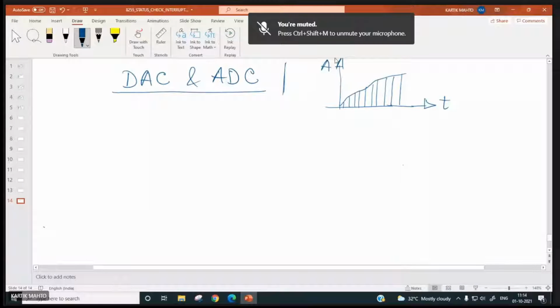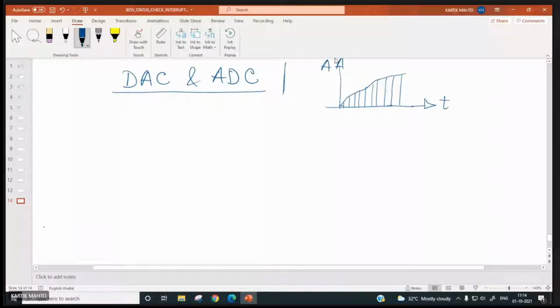You should also understand one fact here: whenever we go for this processing, what exactly we do is we start with its sampling. This is the sample. And for this sample, we are taking the digital outcome.